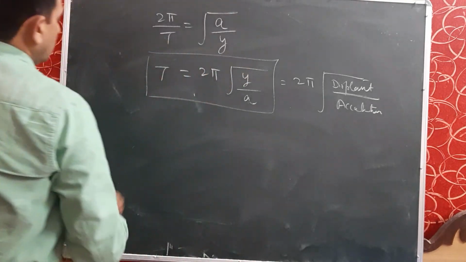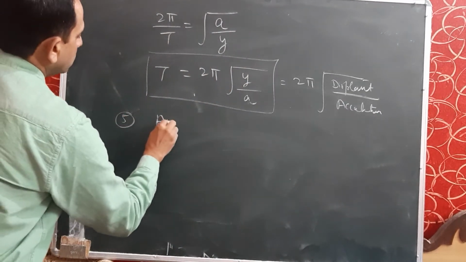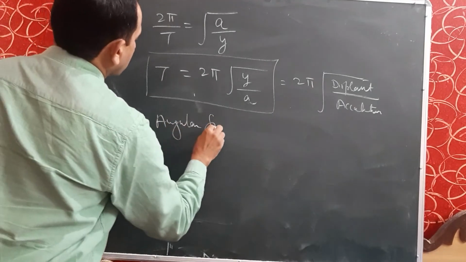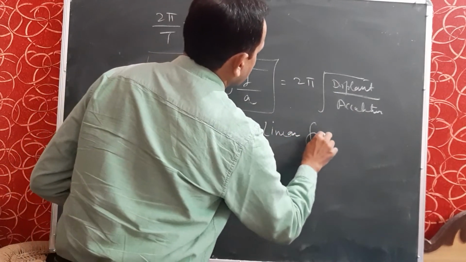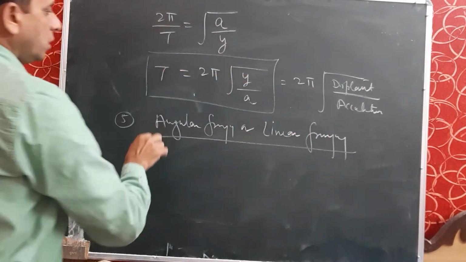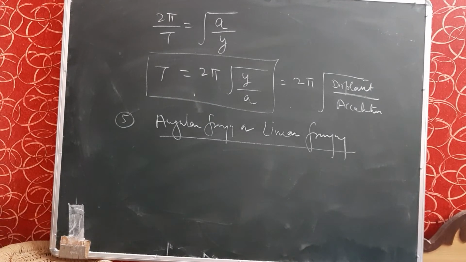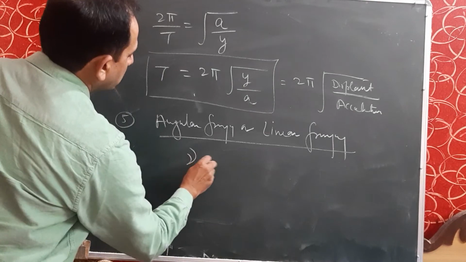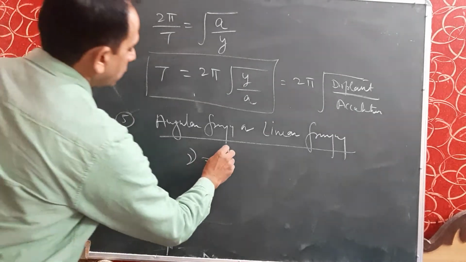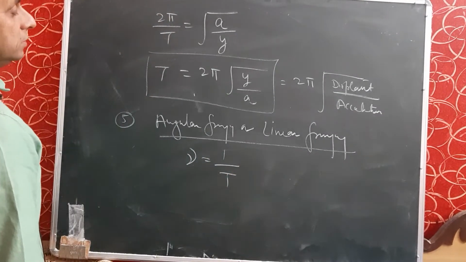Next, the fifth part is angular frequency or simple linear frequency. We can calculate the frequency of the particle moving in SHM. Frequency is the number of cycles, or vibrations, per second. Frequency is denoted by nu, and nu is the reciprocal of time period.